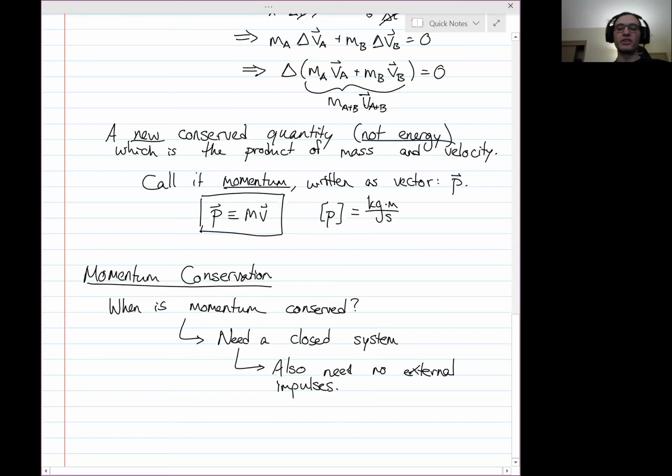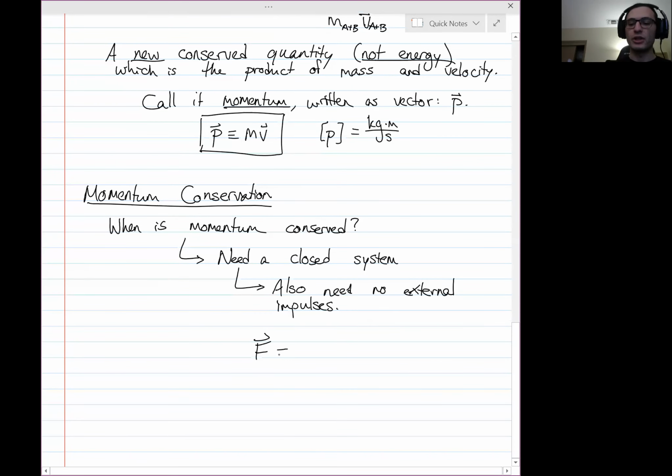F equals ma for a single body means that F delta t equals ma delta t. The whole point is that if this is not zero, then the acceleration isn't zero. And if the acceleration isn't zero, then the velocity is going to change, and so the momentum changes. So you cannot have any external impulses. And indeed, you can't really have any external forces either, because if you have an external force, then you have an external impulse. But I'll get more into that in a minute.